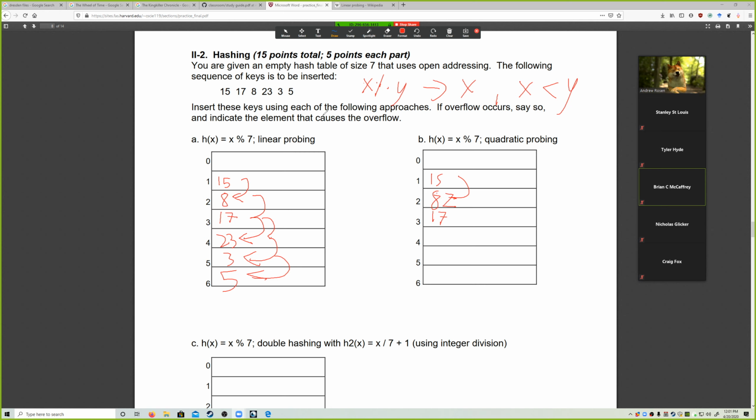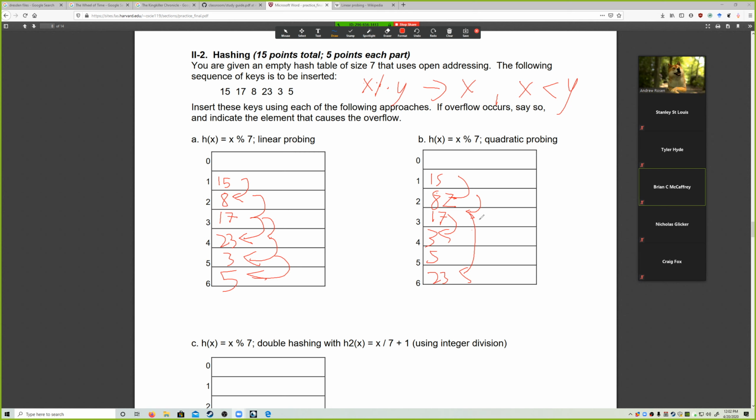Now 23 wants to go into index 2, but it can't, so it looks 1 squared away. That's taken too, so we look 2 squared away from our original space: 1, 2, 3, 4. Okay, 23. 3 will go here, and then 5 simply slides into there.